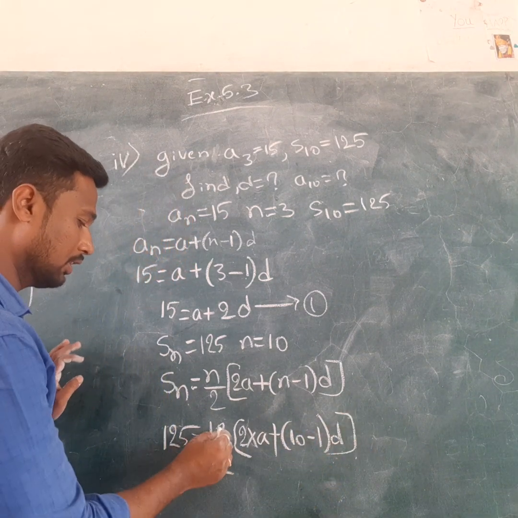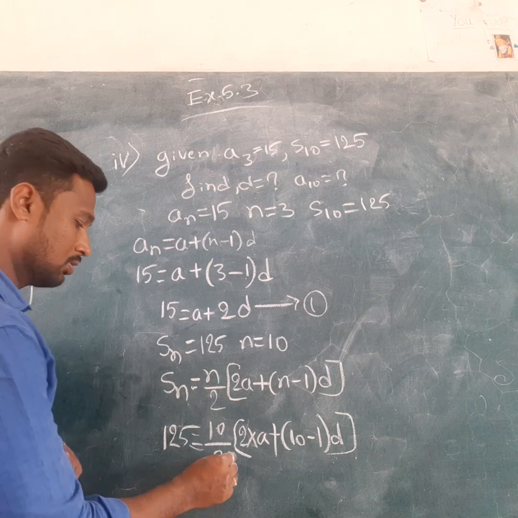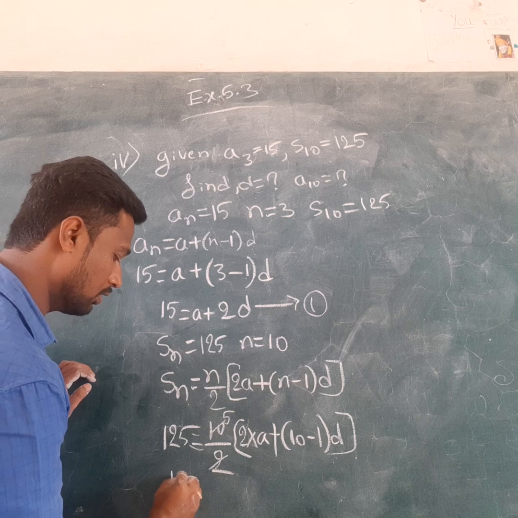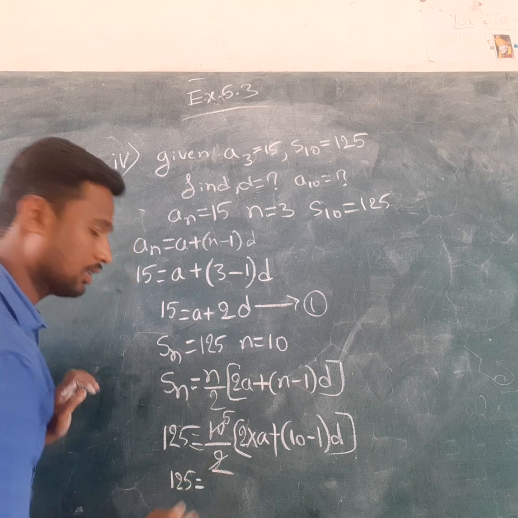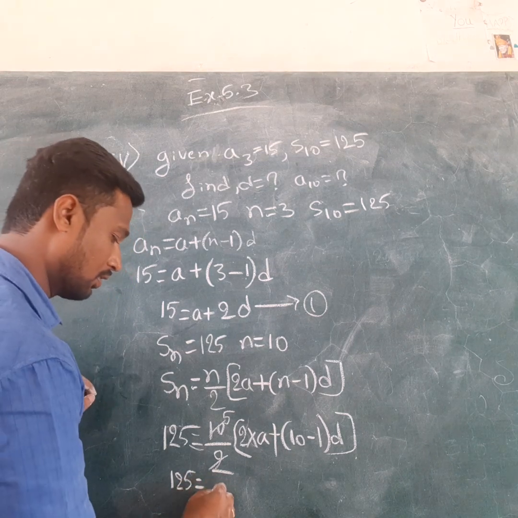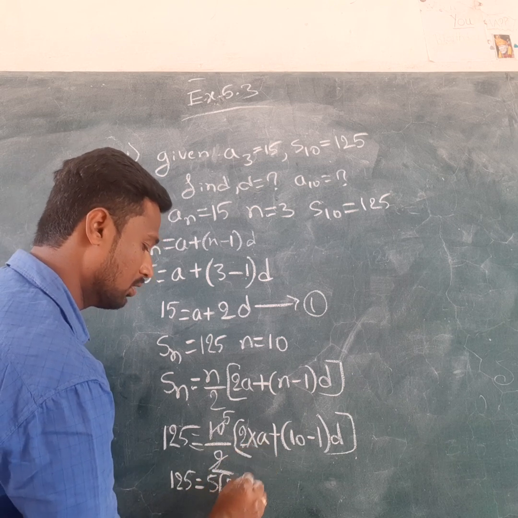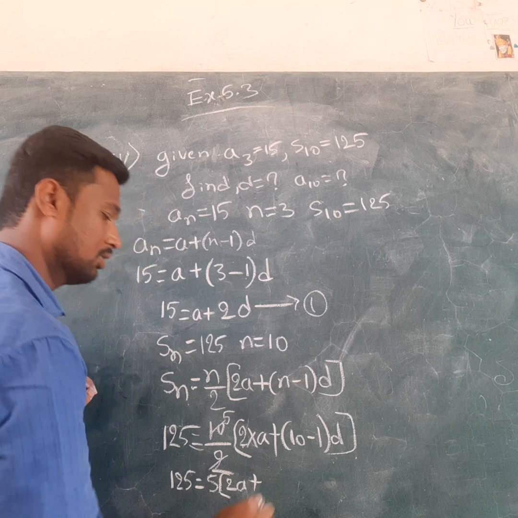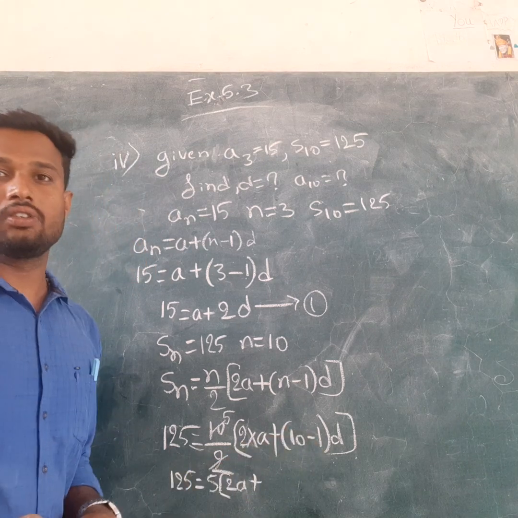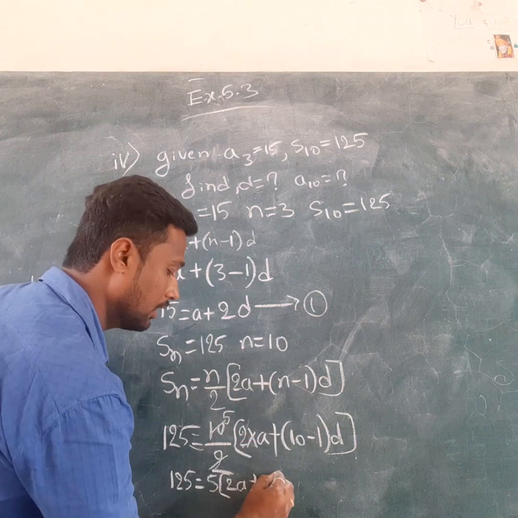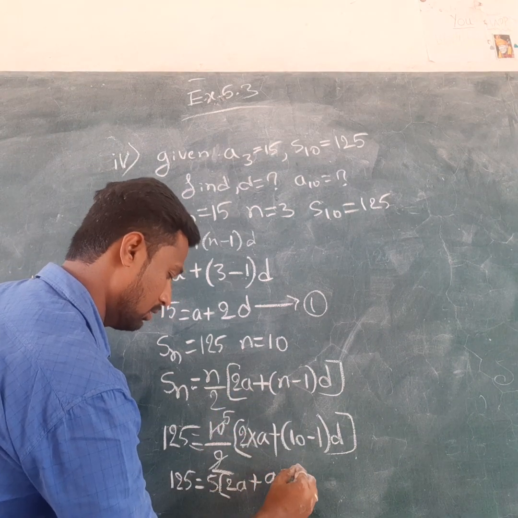So 10 by 2 is 5. 125 is equal to 5 into bracket 2a plus 10 minus 1, sorry, 10 minus 1 means 9, 9 into d, 9d.